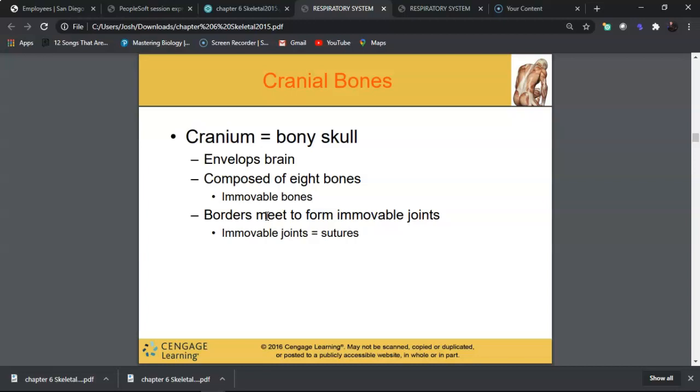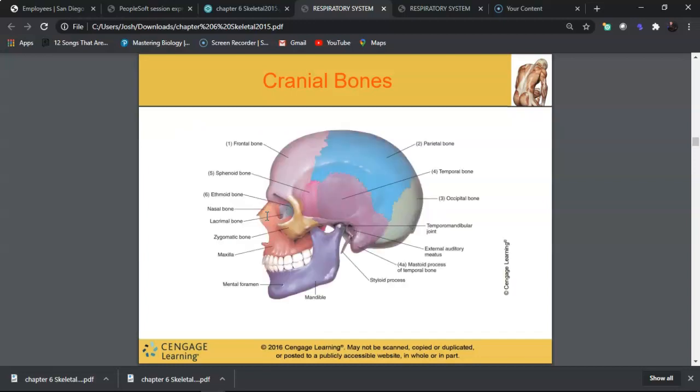And these 8 bones come together in a type of immovable joint called a suture. Okay, and so these are flat bones that come together, and there's very minimal movement with these joints. Okay, so an essentially immovable joint is called a suture. Okay, so this gives us an example of some of the facial bones as well as the cranial bones.